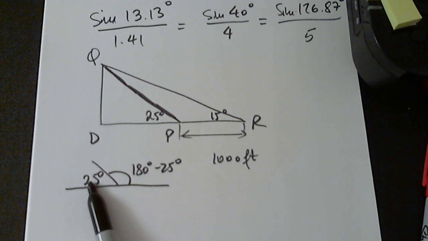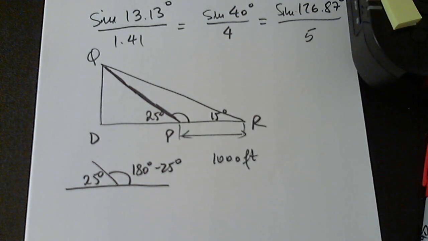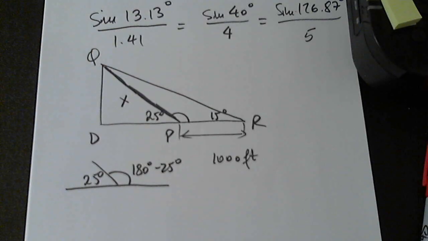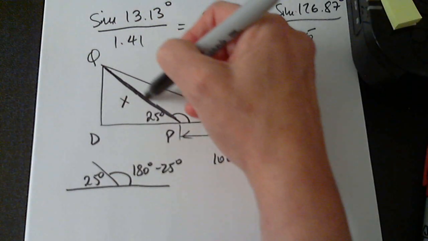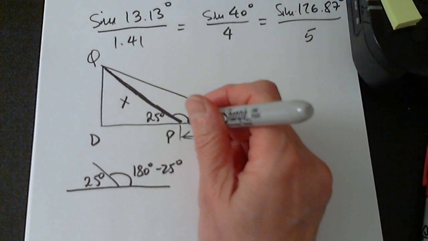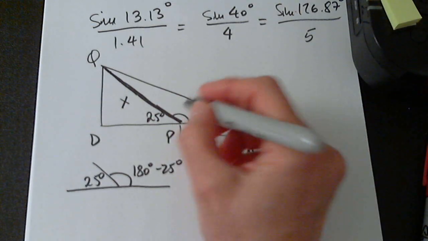So the one angle plus the other will equal 180. Let's call this, for example, X, PQ, that we do not have. And I do know that this is 180 minus 25, which is 155.